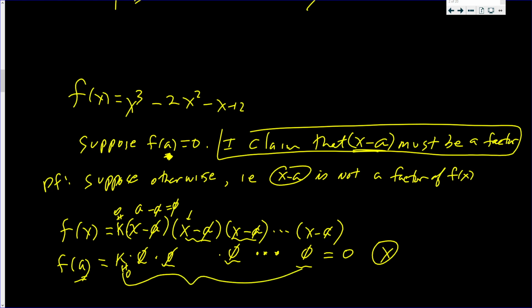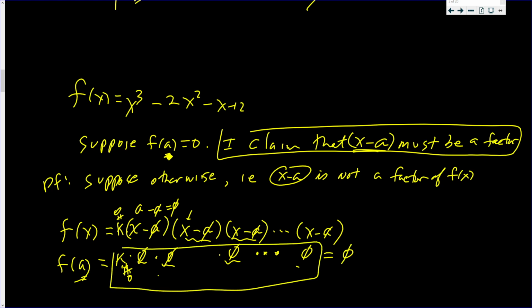Let me just write it slightly differently. K is not 0. This answer will not be 0. But f of a is given to be 0.